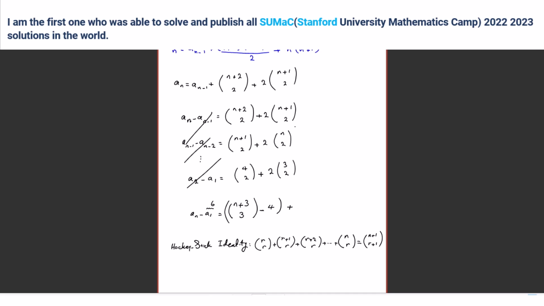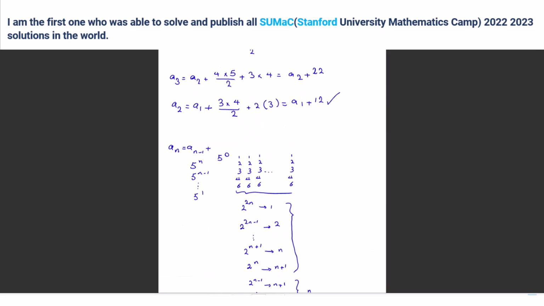What about the second column? 2 times n plus 2 choose 3 minus 2. Yes, minus 1 here, or if you expand, minus 2, right? Yeah. Okay, good job.